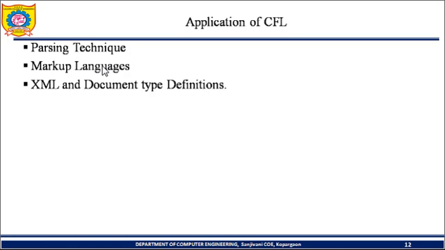Here some syntax will be used for the HTML language, like <P> for a paragraph ending with </P>. So this will be the starting and this will be the ending of that particular paragraph. Like this, if you want to make it bold, there are a number of syntaxes for HTML or markup language. And the third application is XML and document type definition.